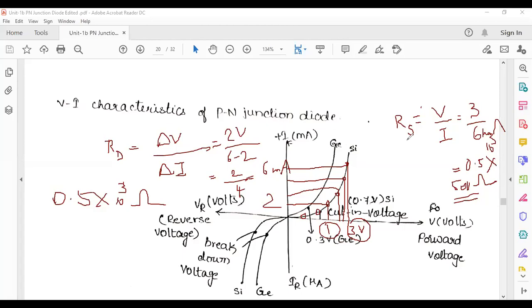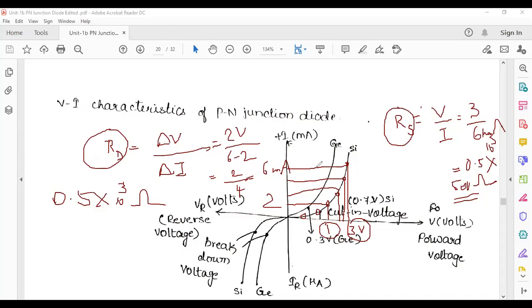Static means single point resistance, that is Rs is equal to V by I, whereas dynamic means 2 points, that is delta V by delta I. We can also give the dynamic resistance as the reciprocal of the slope; I will go to those terms later on.